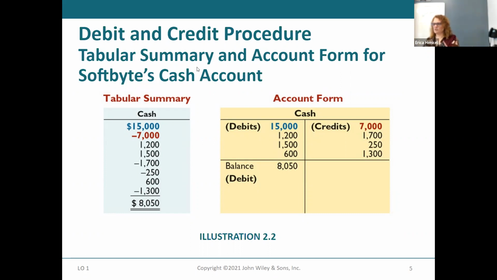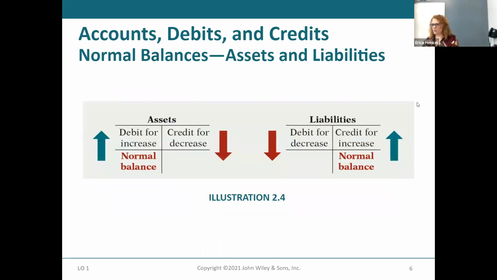I know this is kind of repetitive, but unfortunately there's not a super easy way to learn this. But this slide right here is a good cheat slide. If you need a reference, slide 6 is a really good one.